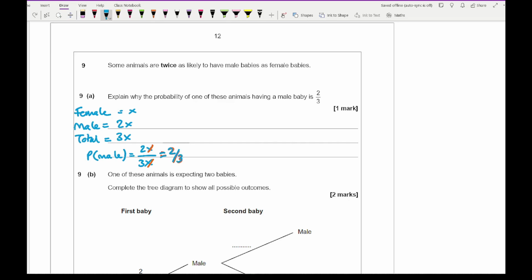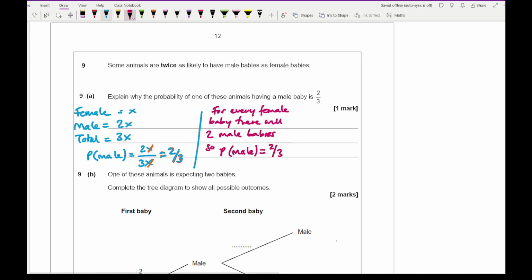Alternately, what you could say is something along the lines of, for every female baby, there will be 2 male babies. So the probability of a male is going to be 2 over 3, because out of the 3 babies, 2 of them are going to be male.